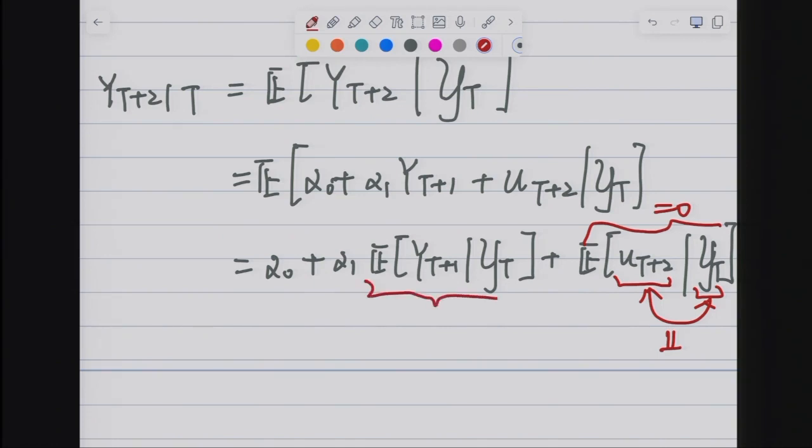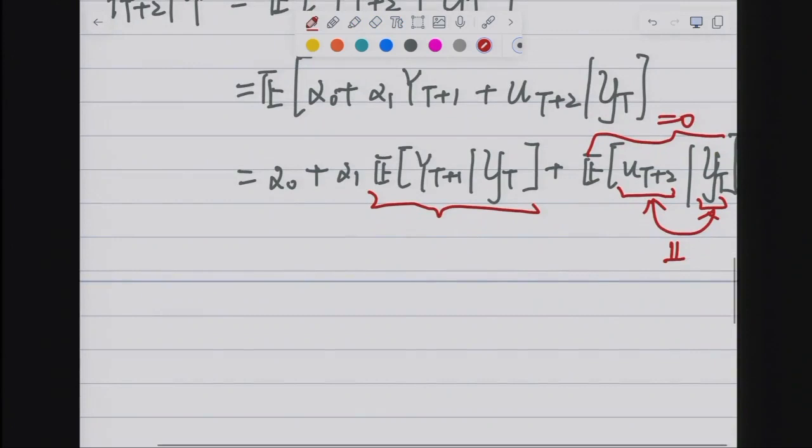Now, the middle conditional expectation is essentially the optimal one-step ahead forecast, okay? Which is what we've already seen, the y_{T+1} given T. So the optimal two-step ahead forecast depends on the optimal one-step ahead forecast, okay?